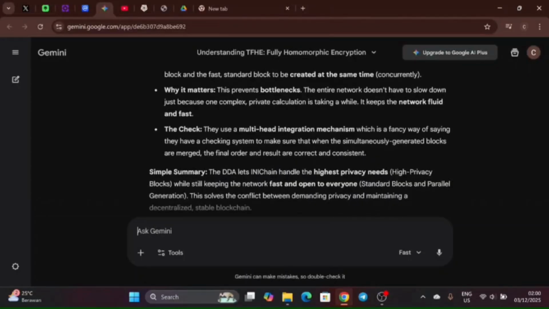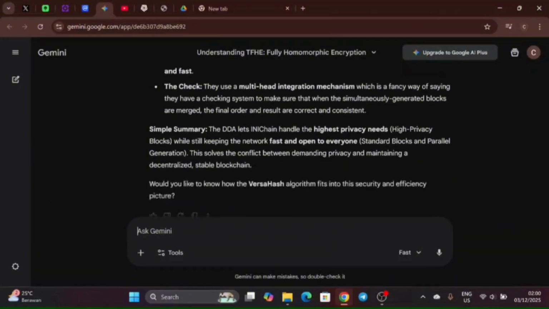It keeps the network clicking fast. To check, they use a multi-head integration mechanism. They have a checking system to make sure the simultaneous blocks are merged and the final order is correct and consistent. In a simple summary, the DDA lets Anychain handle high privacy needs with high privacy blocks while still keeping the network fast and open for everyone.